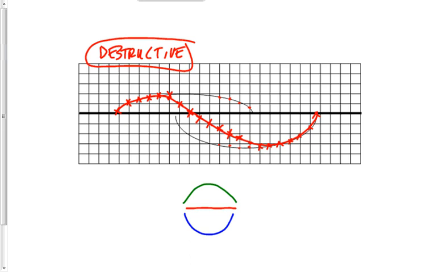Noise-canceling headphones work on exactly this principle. Okay, what happens is this. There's a sound produced from the outside. Well, we don't want to hear that when we're listening to music or the radio or whatever it is that we're listening to with our headphones. We don't want to hear the outside sound, but it's there.